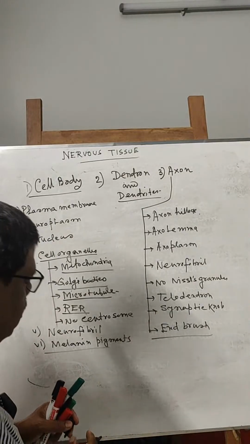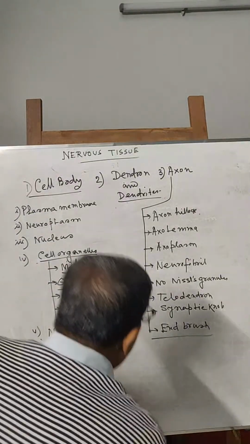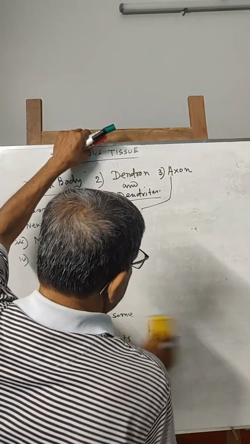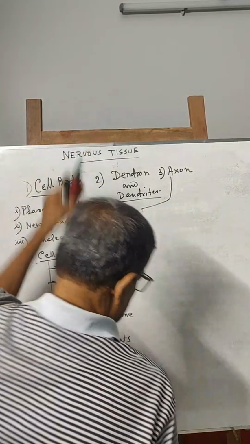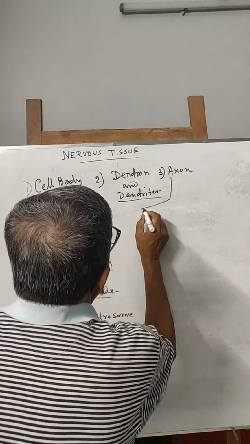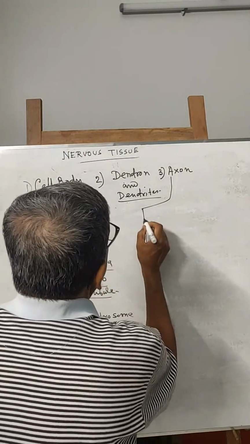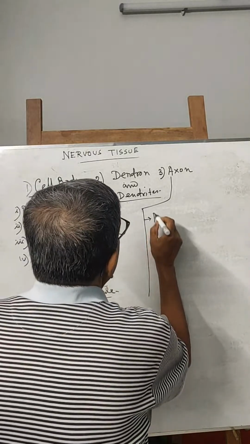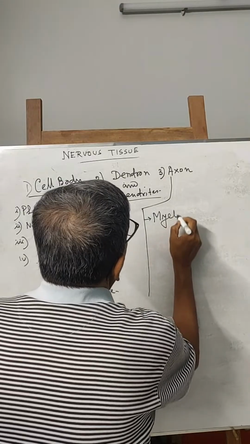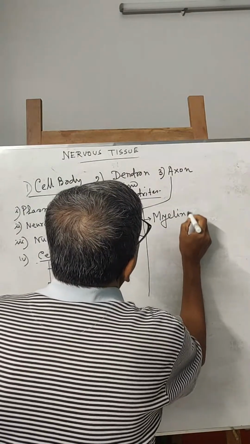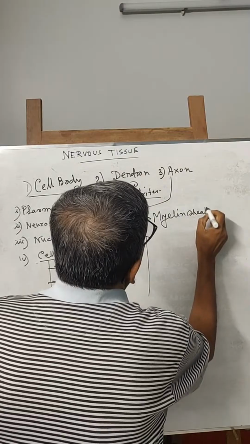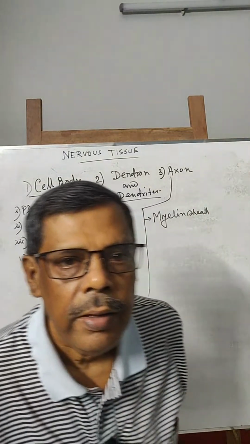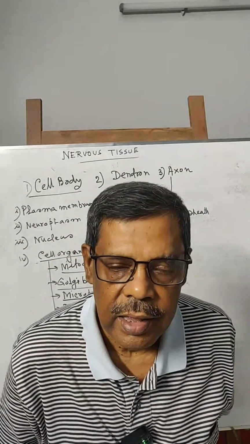Next, the membrane which is found upon the axolemma, that is the myelin sheath, or medullary sheath.